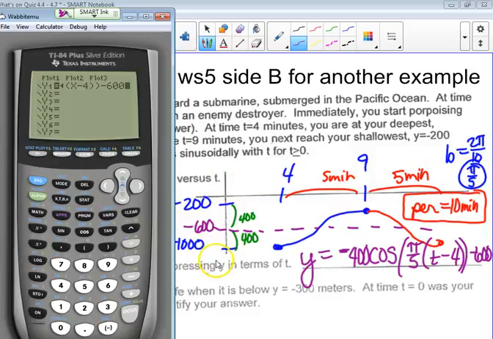And we need negative 1,000 as the bottom at least, up to 0. Okay, so I graphed it and got this. How do I find out the answer to that question down there? Trace 0. Okay, I get negative 276.